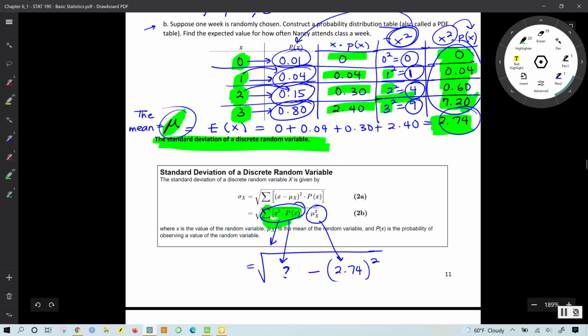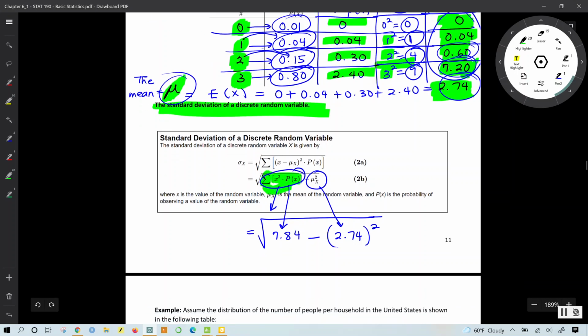So let us get this question mark. That is, let us add up 0 plus 0.04 plus 0.60 plus 7.20. That will be equal to 7.84. And if you take 7.84, subtract 2.74 squared, and then take the square root of the answer, what do you get?